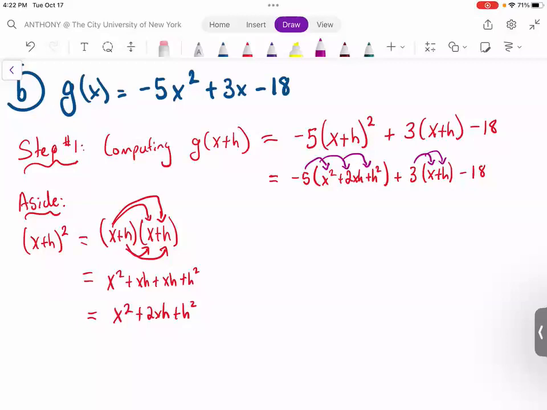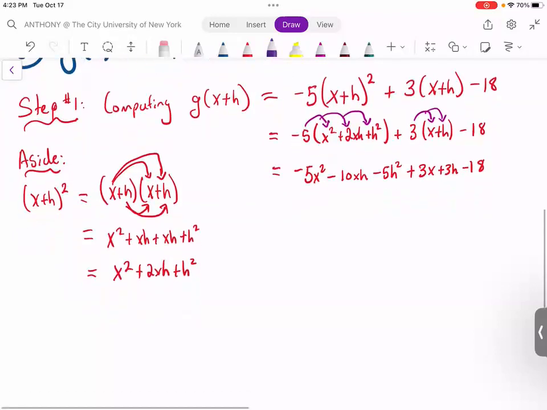If I multiply negative 5 inside the first set of parentheses, this will give us negative 5x squared minus 10xh minus 5h squared plus 3x plus 3h minus 18. Now, can you combine any like terms after I expanded here? Yes or no? No, you cannot combine, and there's no like terms here. So this is exactly g of x plus h. So step 1 is now completed.